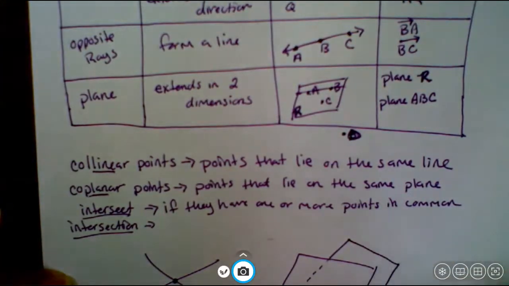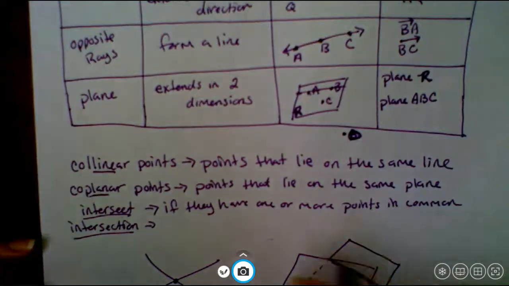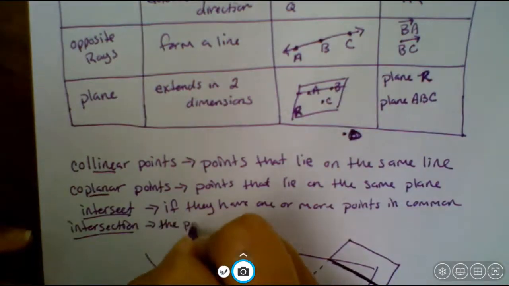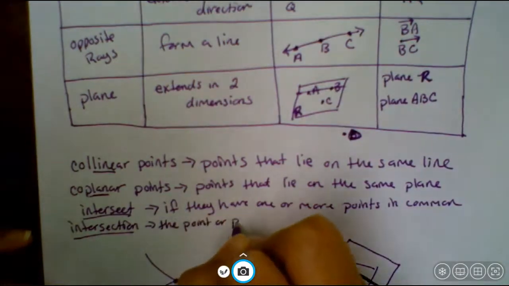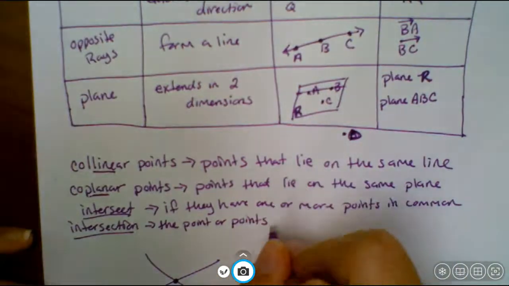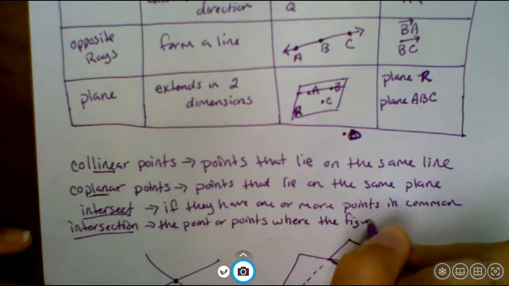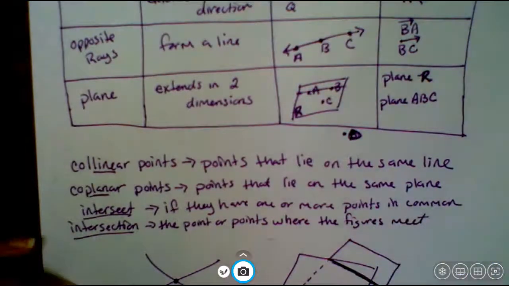They would meet at some point where they intersect. So two planes would intersect at a line. So an intersection is the point or points where the figures meet or intersect. Okay, so there's all of our definitions.